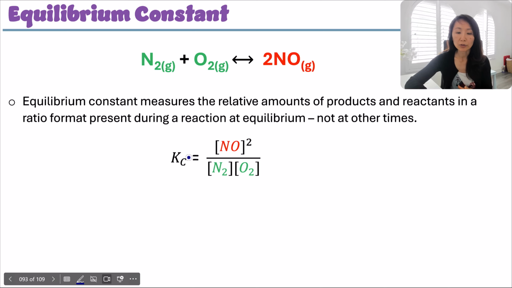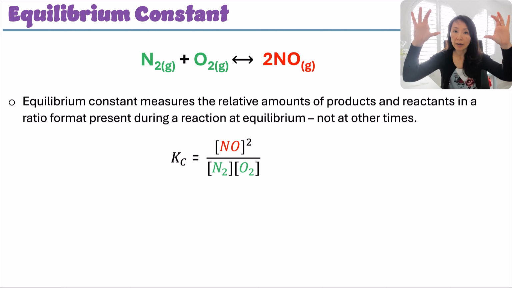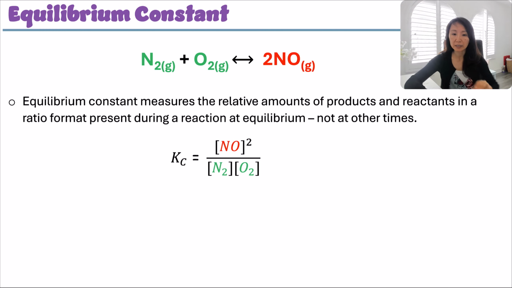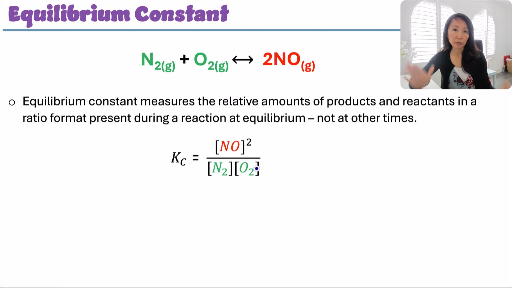The equilibrium constant, also known as Kc, is a relative measure, a value of the product over the reactant. So you see the product, nitrogen monoxide, on top and the nitrogen and oxygen gas in the denominator. And it's only at equilibrium, not any other times.